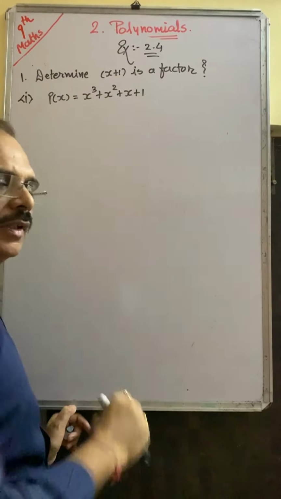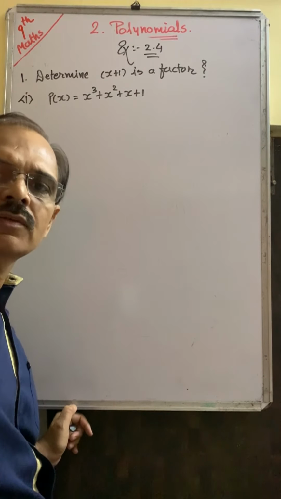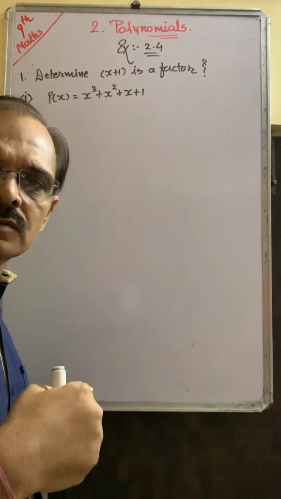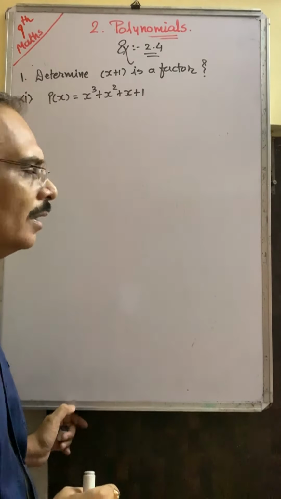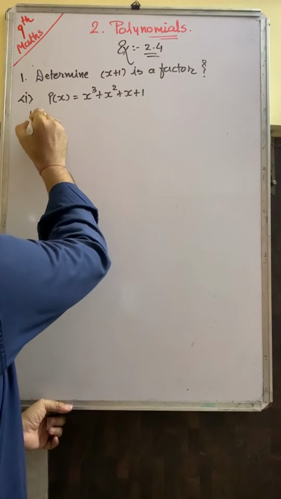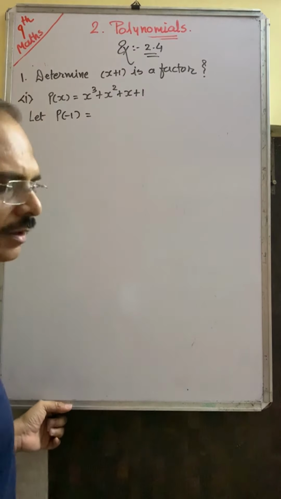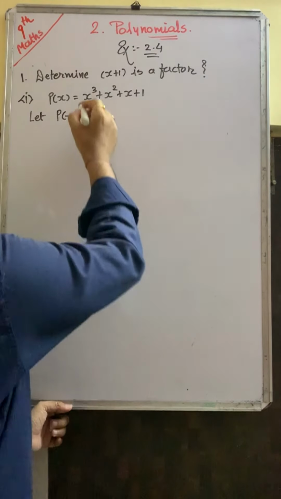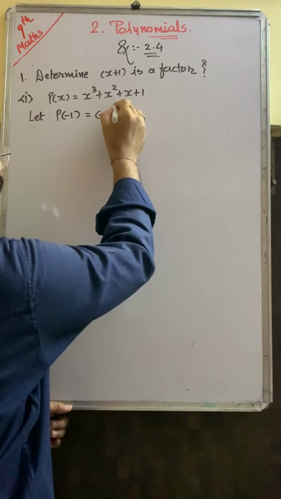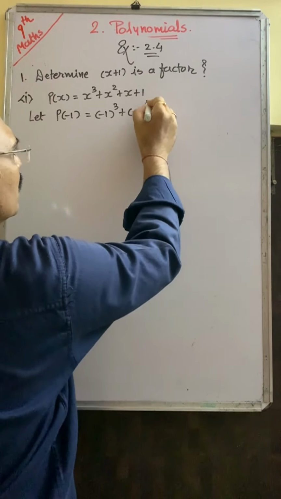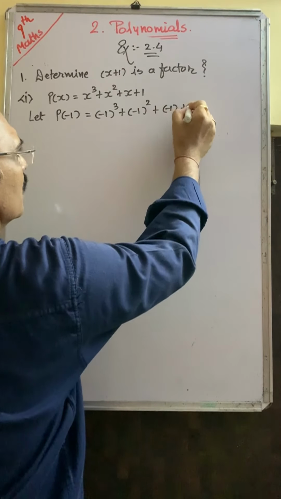To test x plus 1, what should we take as the remainder? p of minus 1. So let p of minus 1 equal what? Place x as minus 1.